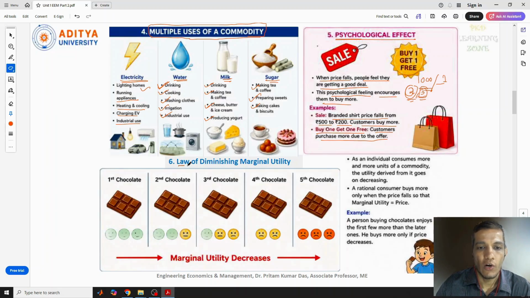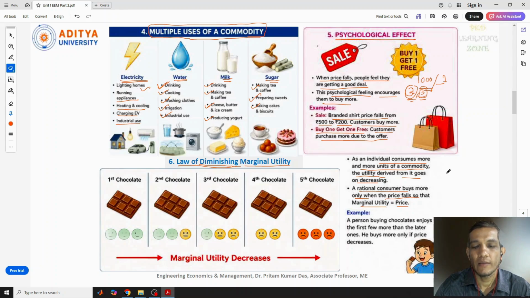The next one is the law of diminishing marginal utility. This is another important parameter. As an individual consumer consumes more and more units of a commodity, the utility derived from it goes on decreasing. I'll give an example. A rational consumer buys more only when the price falls, so that marginal utility will be equal to the price.